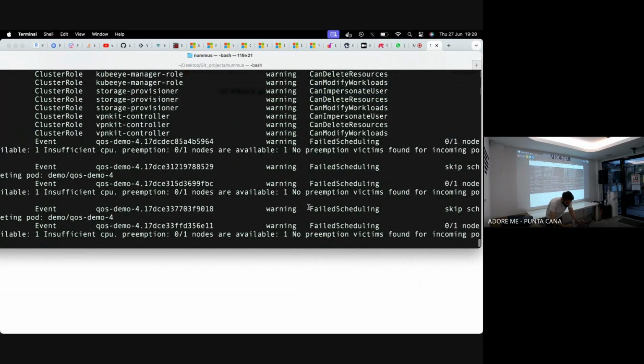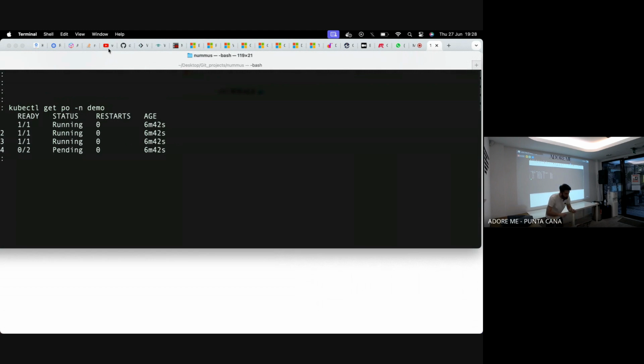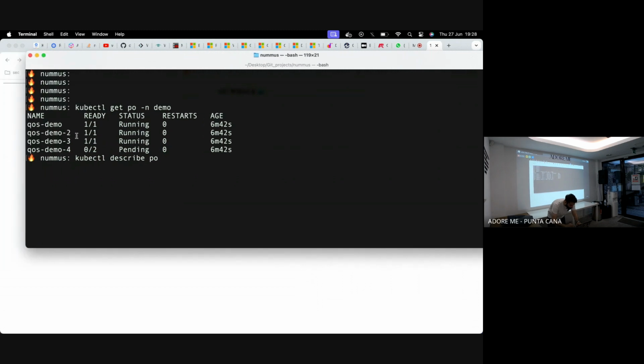Now, I can show you one other thing. Sometimes you might have problems. Let's see in the demo namespace. If you misplace your values, have you seen things stuck in pending? So what happens if we do a kubectl describe this pod, which is this one? Let me specify the namespace.